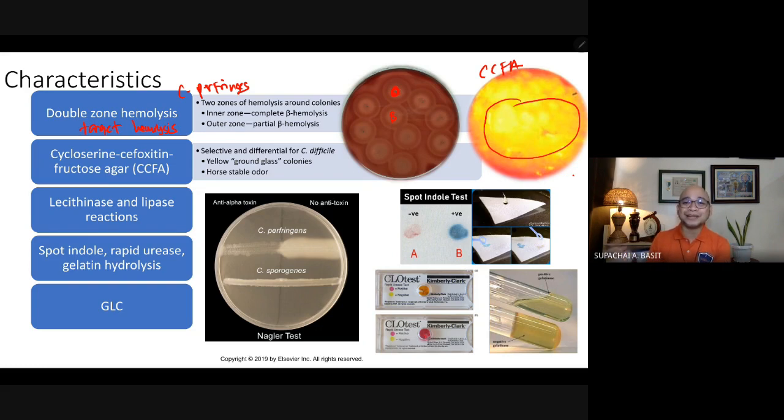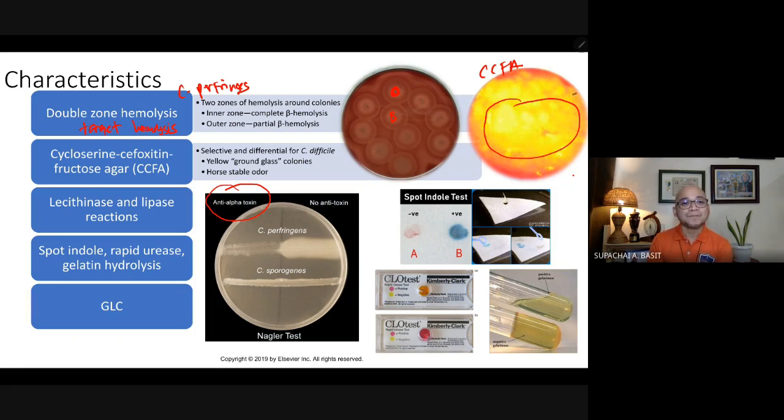So, amoy kulungan ng kabayo. That's how they describe it. And then, I think a while ago, we also discussed the lecithinase and lipase reaction. Usually, it says here the alpha toxin will be responsible for the lecithinase reaction for Clostridium perfringens.